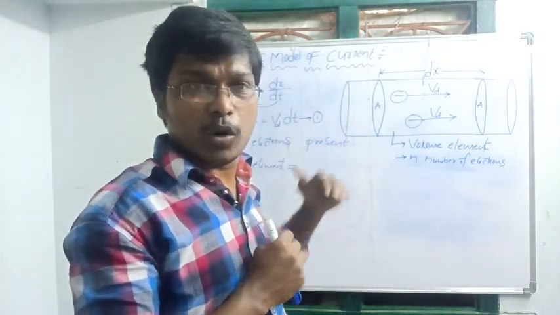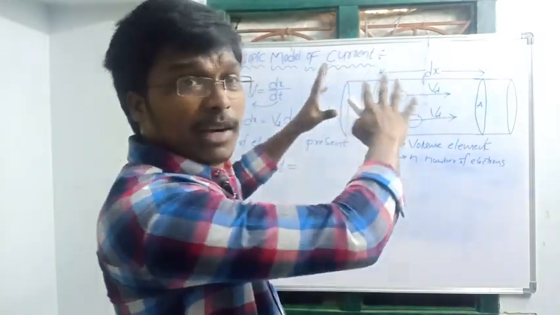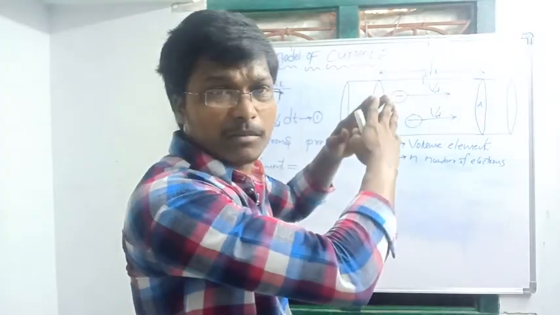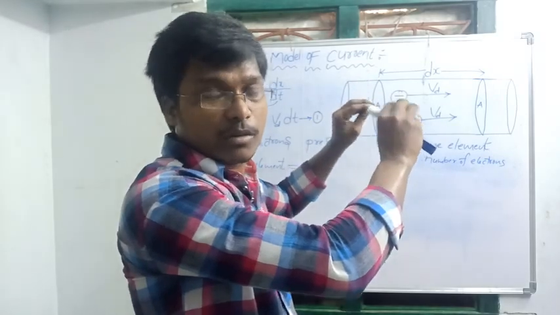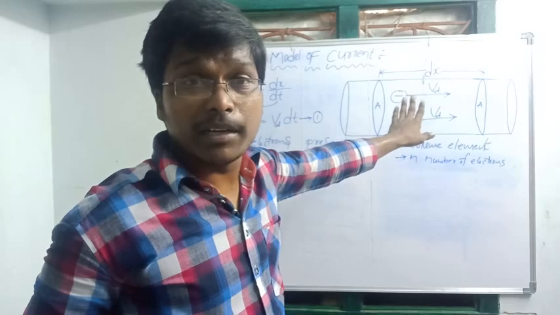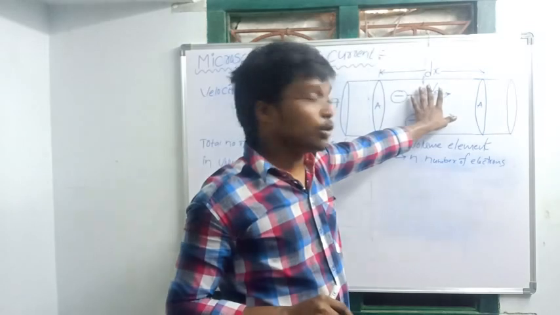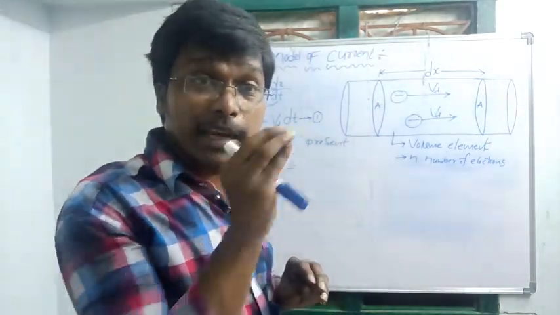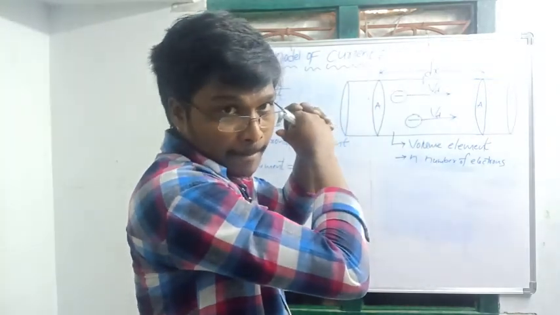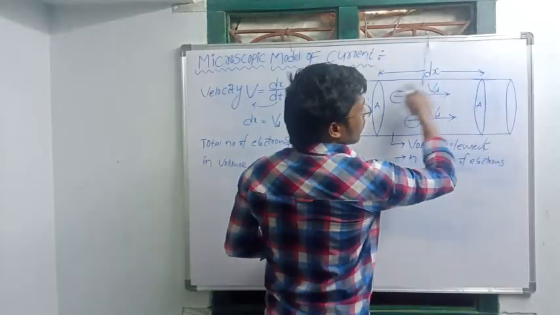Suppose 10 electrons are present in that volume element. I told you already how many electrons are present in that volume element: n number of electrons, correct. In that number of electrons, how much space is occupied?